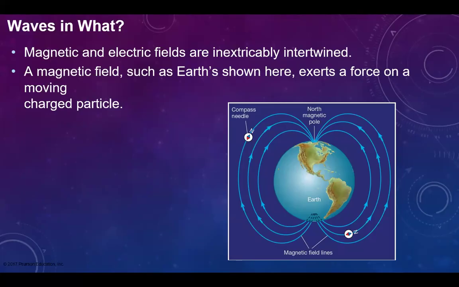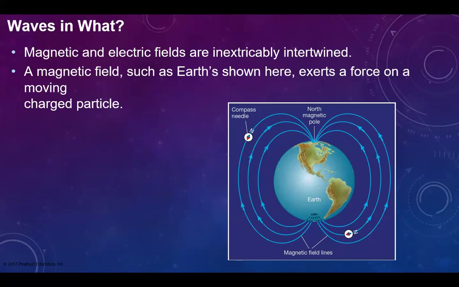So if you work out electric fields with special relativity, you end up getting magnetic fields out when things move. And so a magnetic field, like the one from the Earth, will exert a force on a moving charged particle. And a moving charged particle will create a magnetic field.